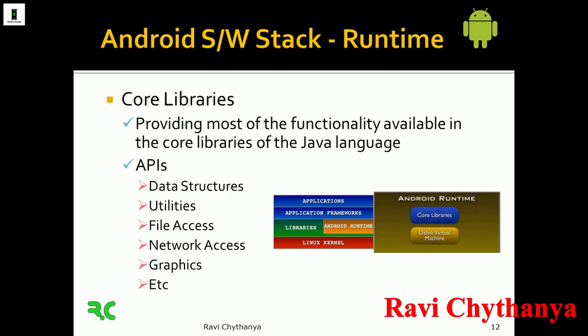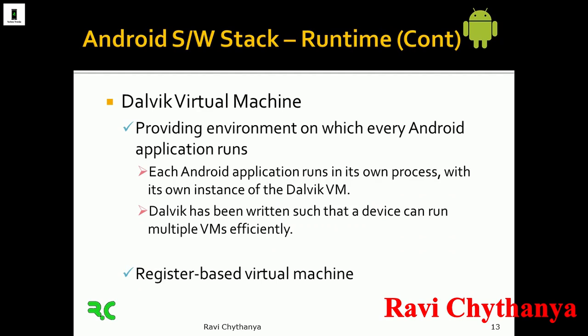The core libraries provide most of the functionality available in the core libraries of the Java language, and these are provided with the help of APIs. The APIs include data structures, utilities, file access, network access, graphics, and so on. The next one is the Dalvik virtual machine, DVM, which is equivalent to the JVM, the Java virtual machine.